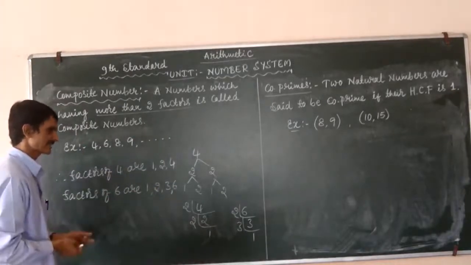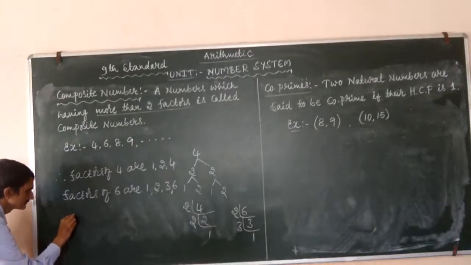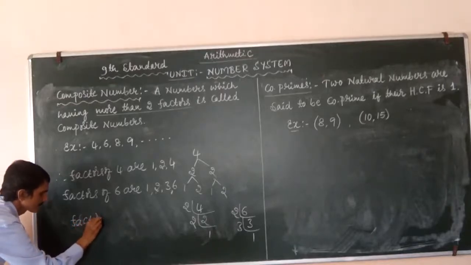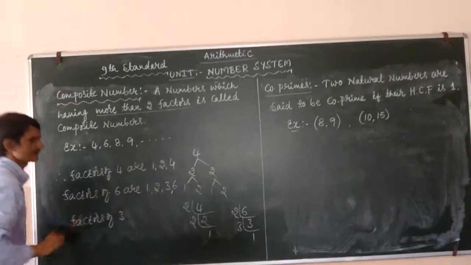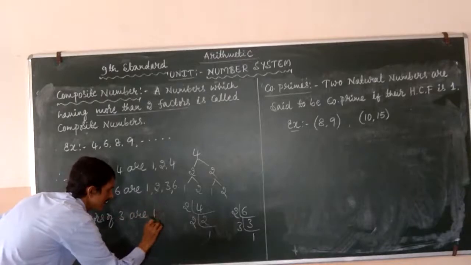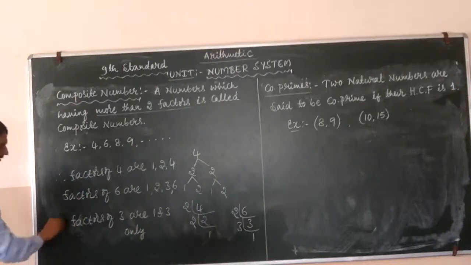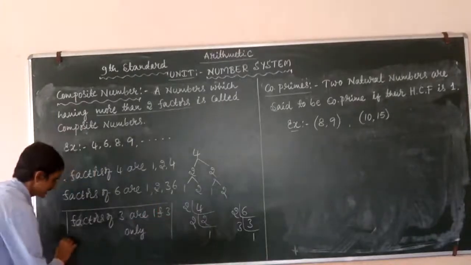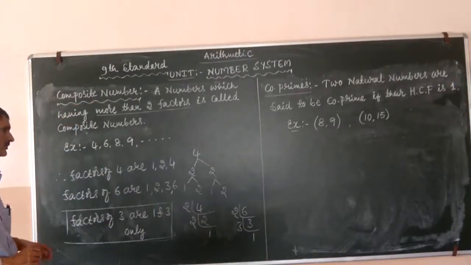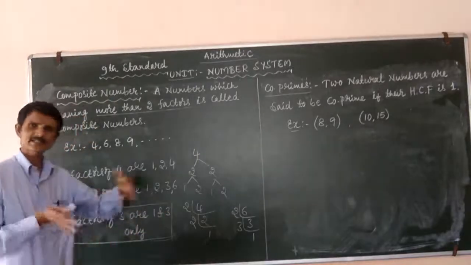If you take another example, 3, the factors of 3 are 1 and 3 only. Therefore, 3 is not a composite number, because it has only 2 factors, 1 and itself.